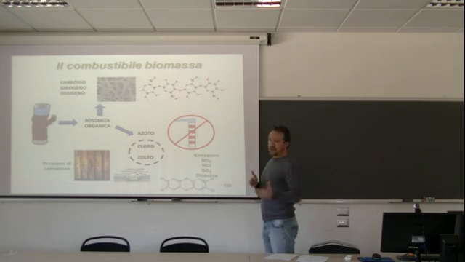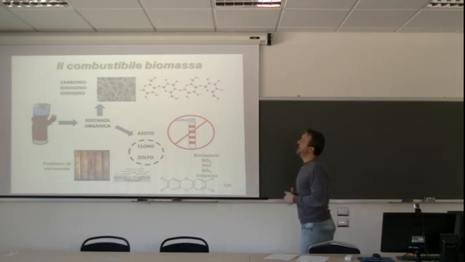And so, in the highest part of the slide, you can see the potential in terms of energy, but also in terms of final byproduct, because we have to read this picture not only for energy purposes.